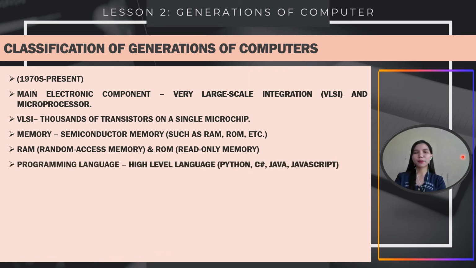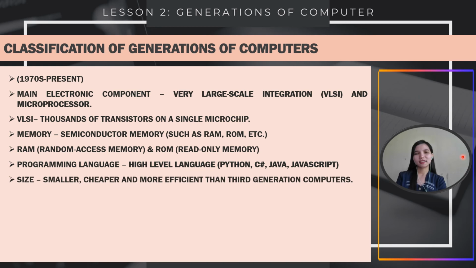The programming language in this generation, guys, is high level already. So C#, Java, JavaScript, Python, etc. The size is smaller in comparison with the third generation.